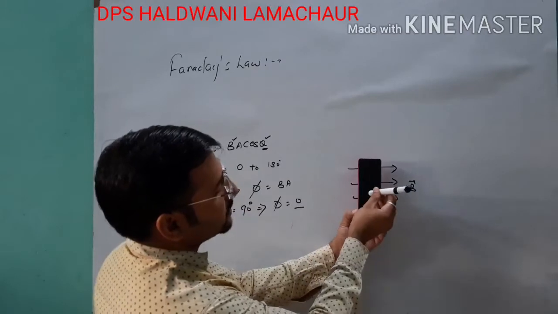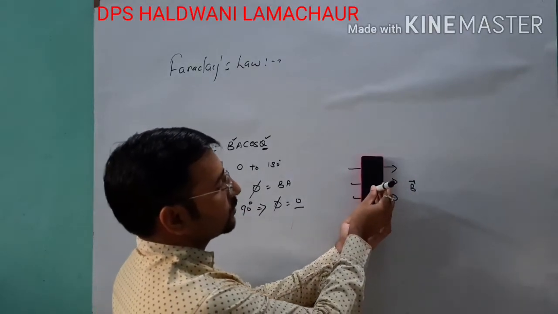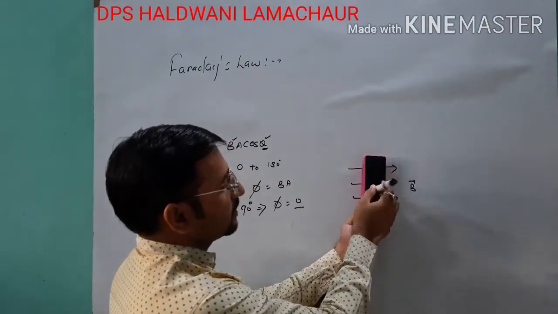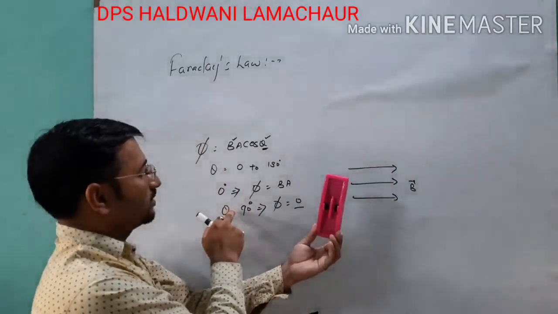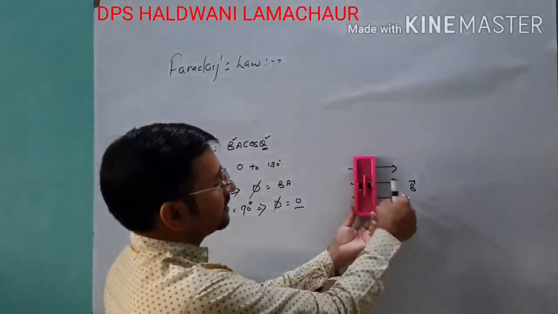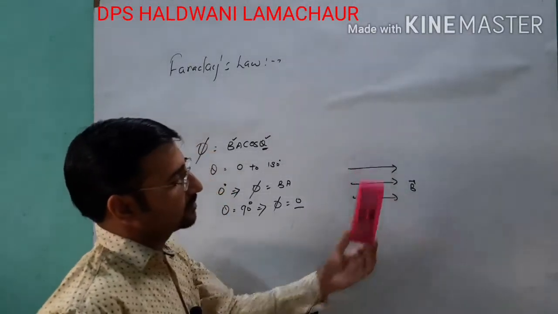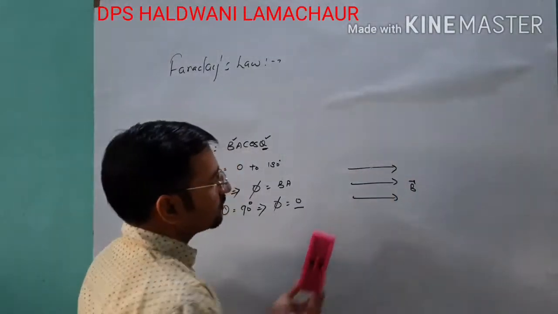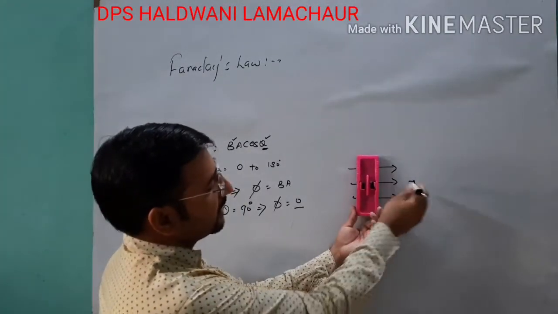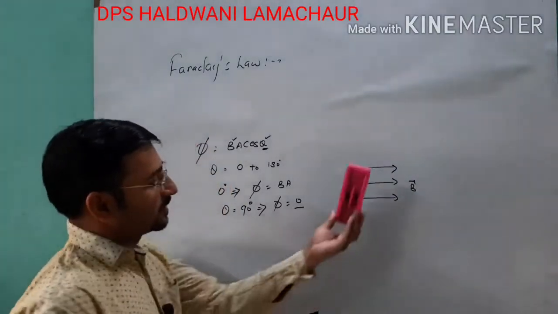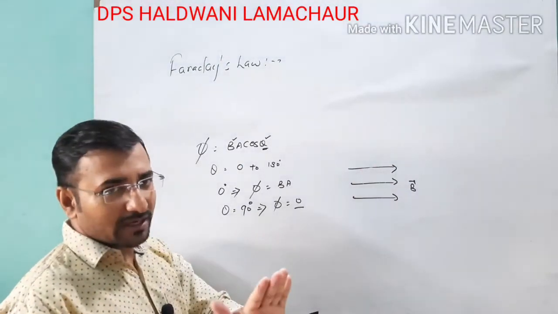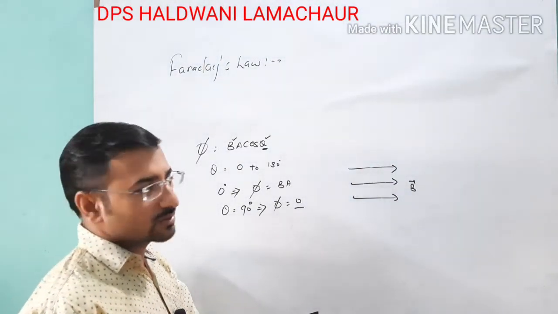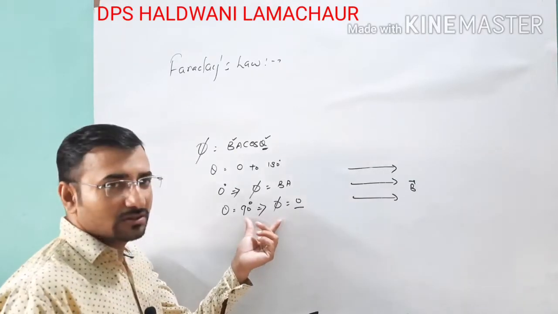When we rotate this surface such that the angle between the normal of the surface and the magnetic field is 90 degrees, the surface is parallel to the magnetic field and the number of magnetic field lines passing through the surface is almost 0.